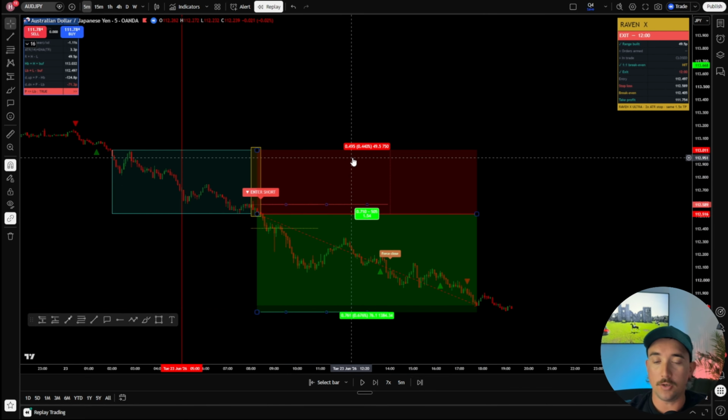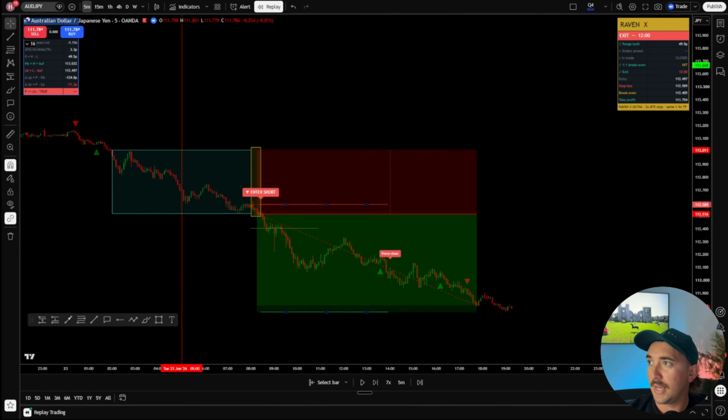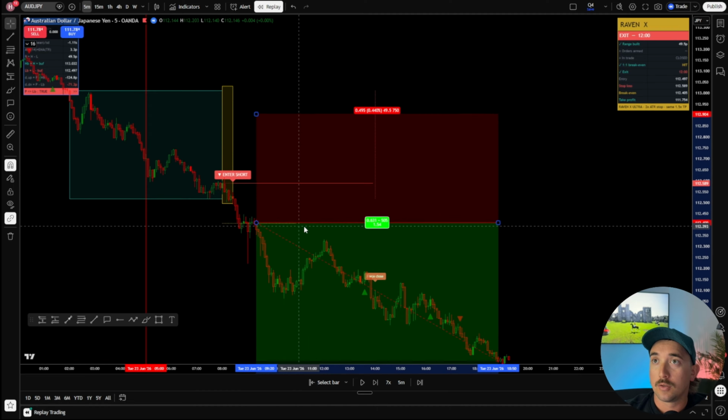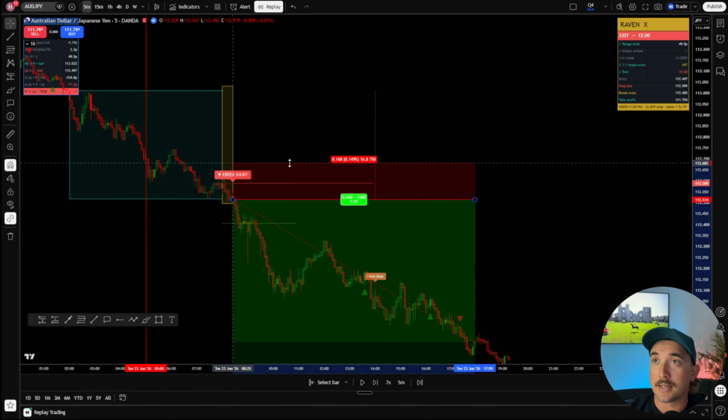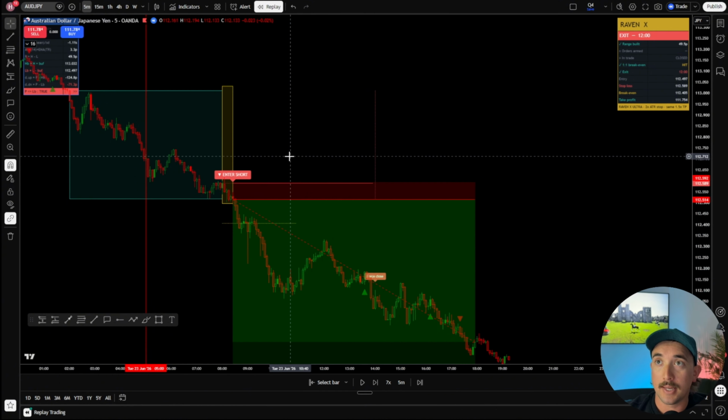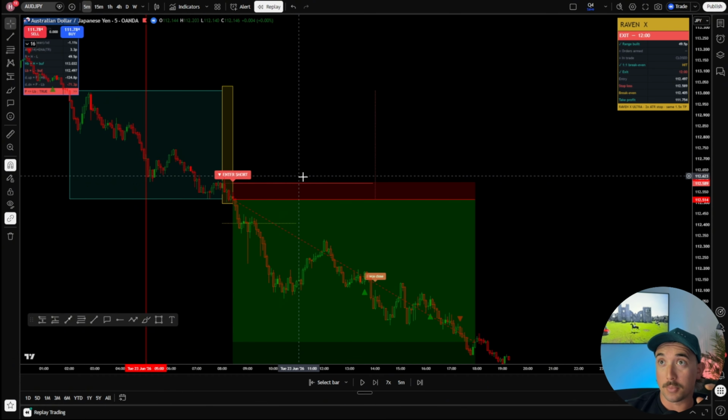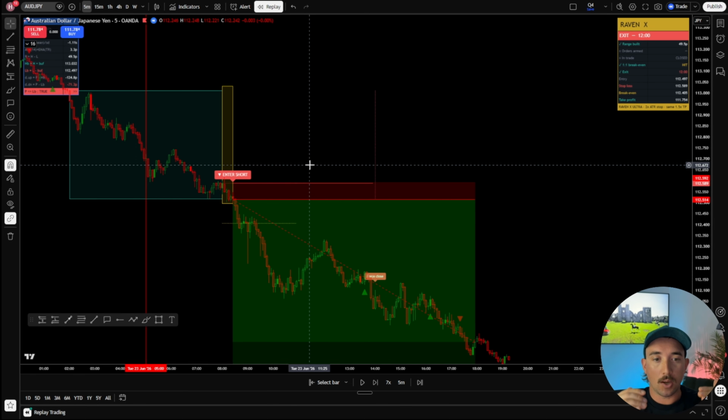Now, if you're going to utilize Raven X Ultra, it's a little bit different. We have our entry still at that same point. We drag our stop above the red line. It's going to decrease our risk, same risk, but it's going to shrink that stop loss size. This is going to cause a much lower strike rate, much higher risk to reward.